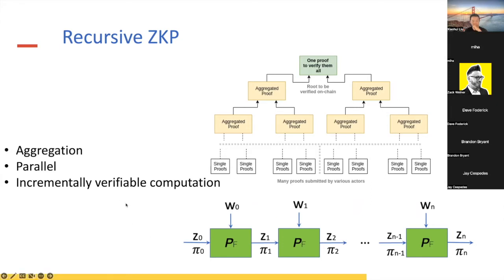So for example, I just mentioned one example: you are training some machine learning model. Because the computation, even when you just re-execute it, is going to be gigantic. So you're going to blow up your memory or even CPU if you just generate the proof for the whole thing in one go. So instead, you are breaking it into, let's say, many pieces.